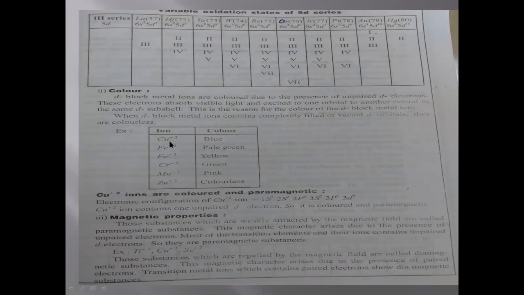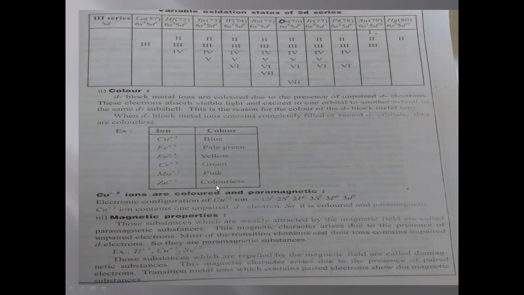When copper is in +2 state, it will show blue color. When iron is in +2 state, it will exhibit pale green color. When it is in +3 state, it will exhibit yellow. When chromium is in +3 state, it will exhibit green color. Manganese in +2 state will exhibit pink color. When zinc is in +2 state, it will be colorless.